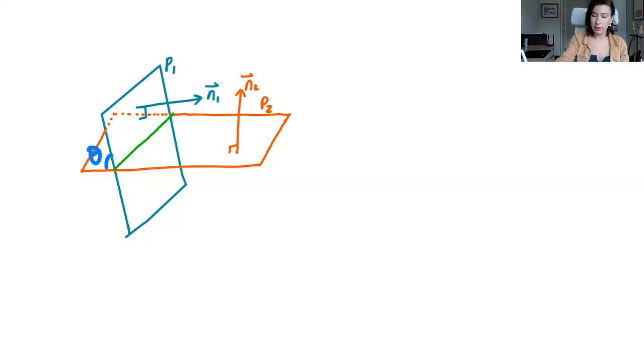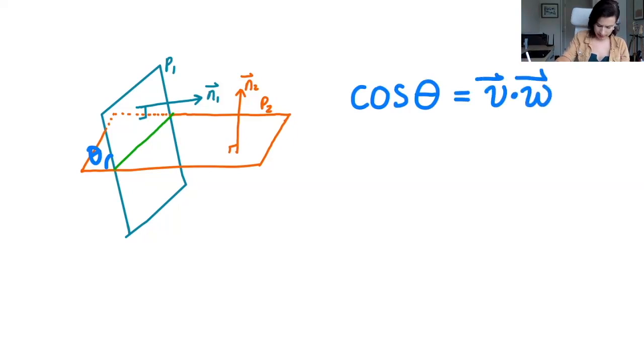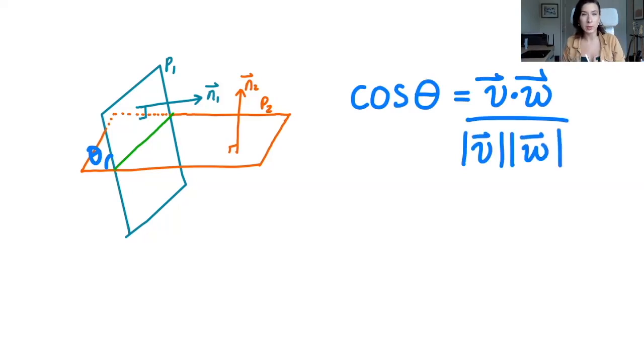Remember from our previous work that the angle between two vectors is given by cosine of theta equal to v dotted with w divided by the magnitude of v times the magnitude of w. This was the equation that we looked at last week when we were starting to talk about the dot product.